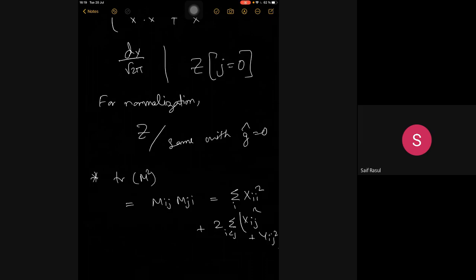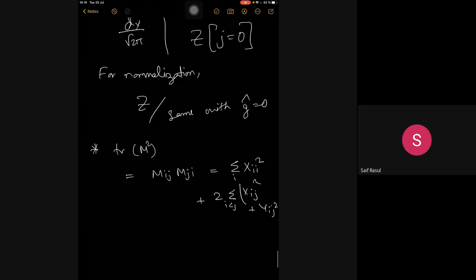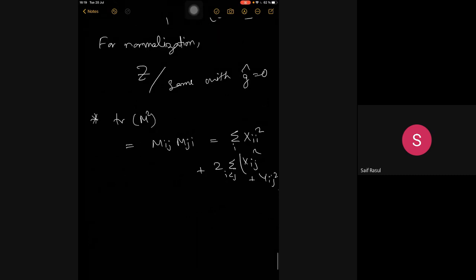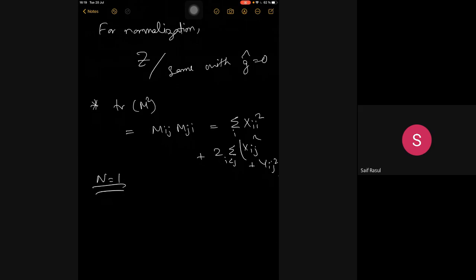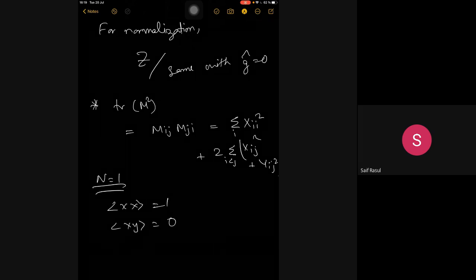Now the important thing we want to calculate, ultimately we want to calculate correlation functions or expectation values. If you remember, in the single variable case, n equal to 1, when we were doing the vector scenario, this was 1 and xy was 0. Now we need to carry this technology to matrices.